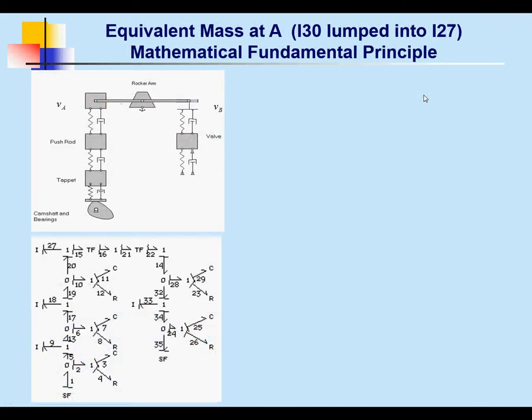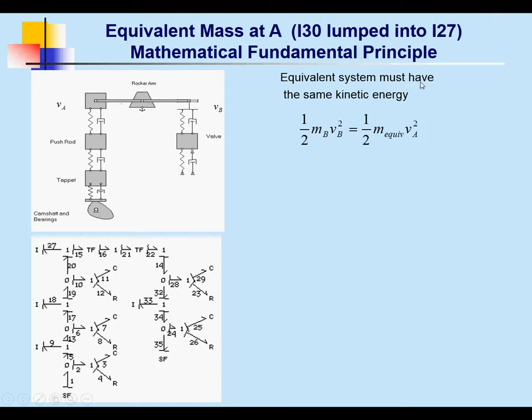But now you say, what does it mean to have this equivalent mass at the point A? We have lumped I-30 with I-27. What is the mathematical principle behind this? The idea is that the equivalent system must have the same kinetic energy.